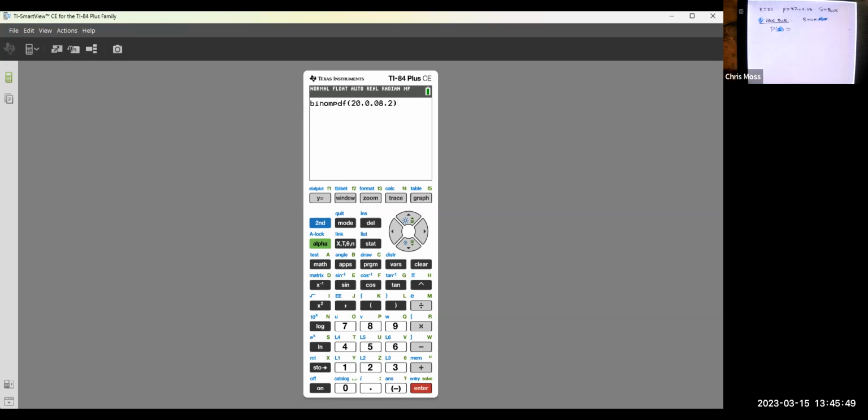There's no 1 minus this time. And I get a 0.271. I think the book asks for 4 decimal places, in which case it'd be 2711, but I'll still round to 3 because that's what we do. So that was A.